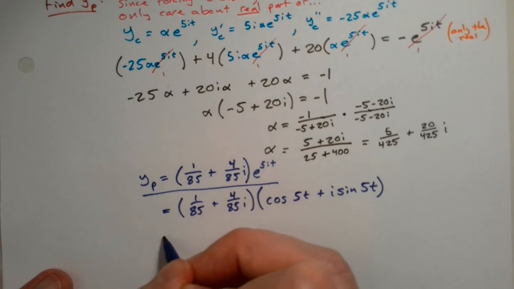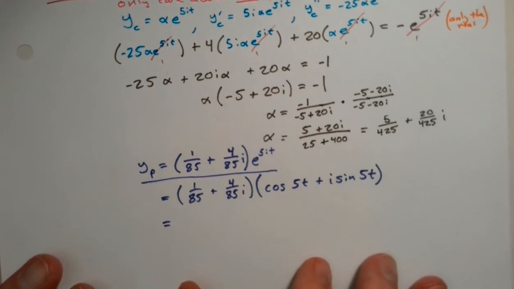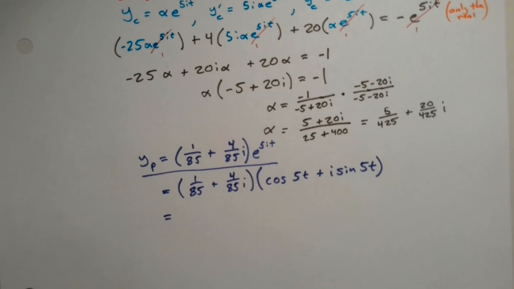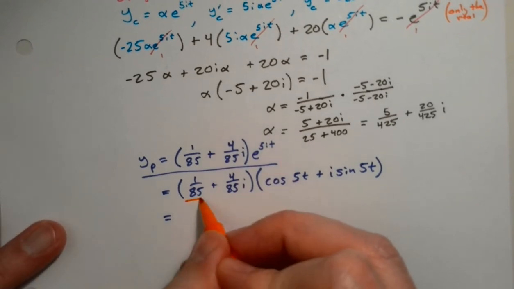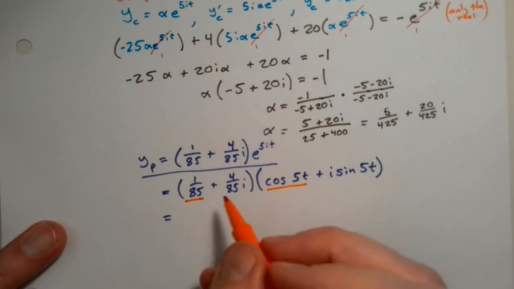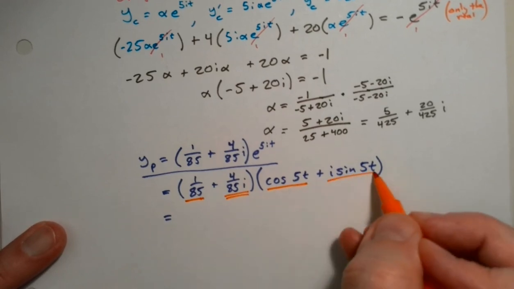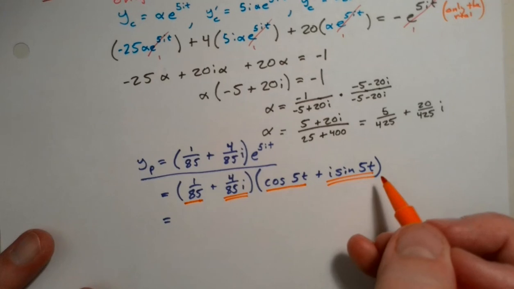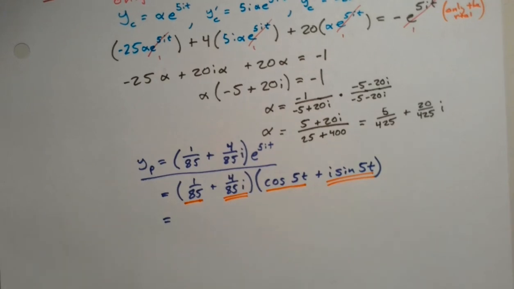And when I do that, I really am only concerned about the real part. So to get my real part, I'm going to multiply this times this and this times this. Everything else is going to give me an imaginary component, and those are not the parts that I care about.